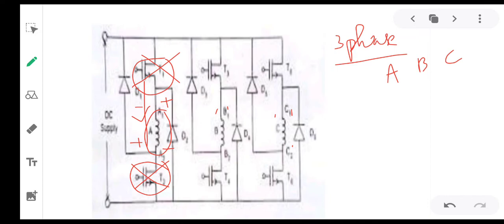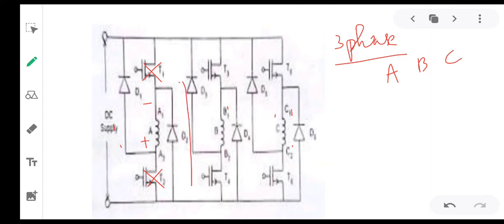This plus will make D1 forward biased, and this minus will make D2 forward biased. Therefore the current flow will be like this, back to the supply. So this is the first circuit.